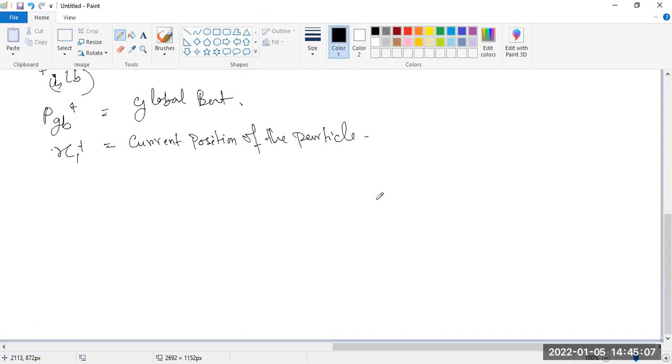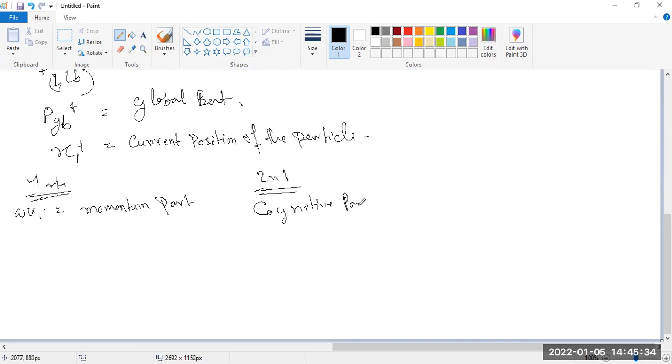The first part, omega VIT, is called the momentum part. The second part is called the cognitive part, and the third part is called the social part.